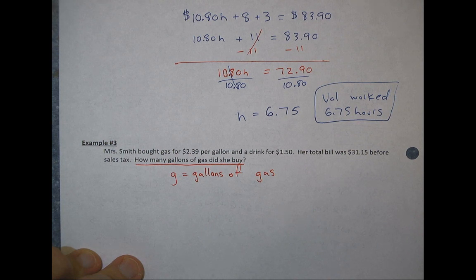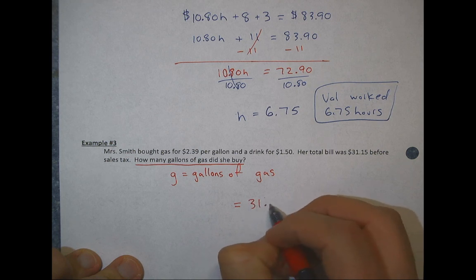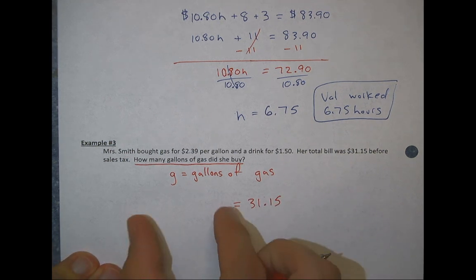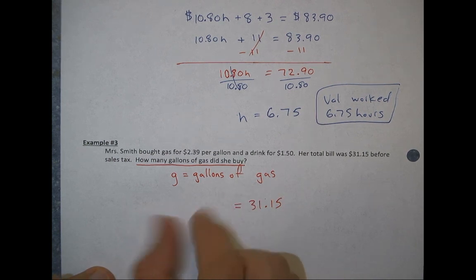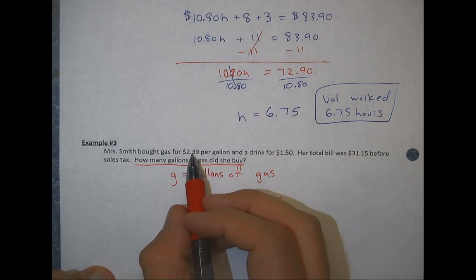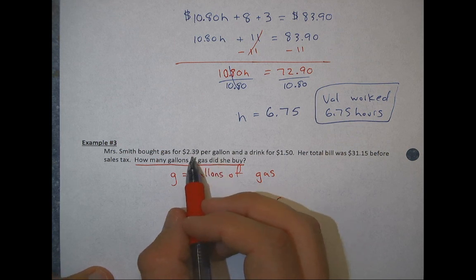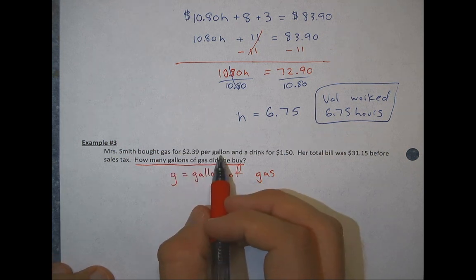Okay, so let's write an equation now. It's almost always going to say equals your total. She paid for gas and for her drink, and altogether when we add that up, it's $31.15. We know she paid $2.39 per gallon. We don't know how many gallons, so we'd be multiplying $2.39 times however many gallons of gas she bought.